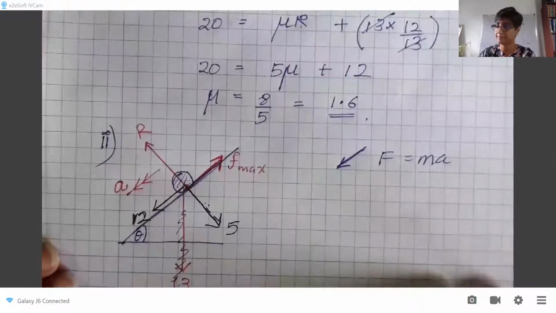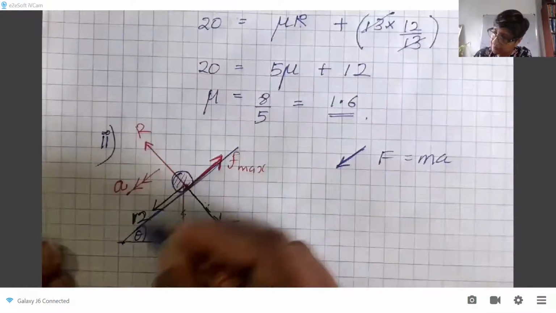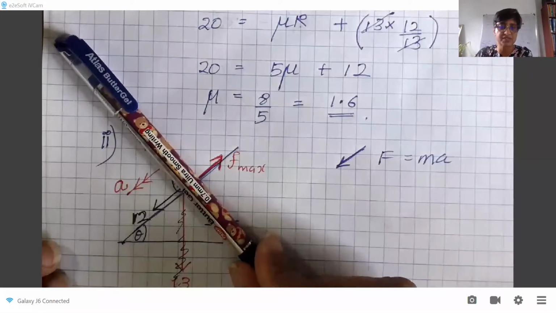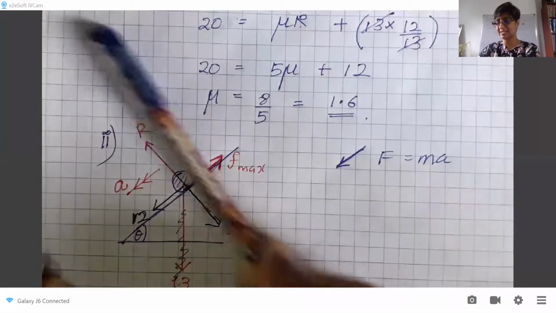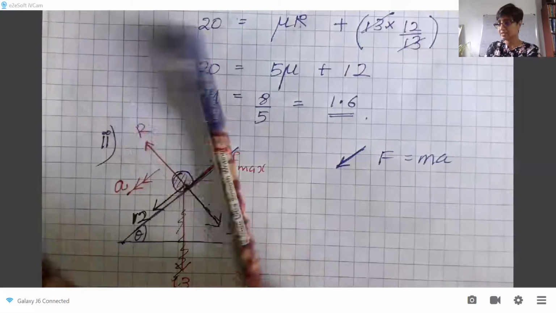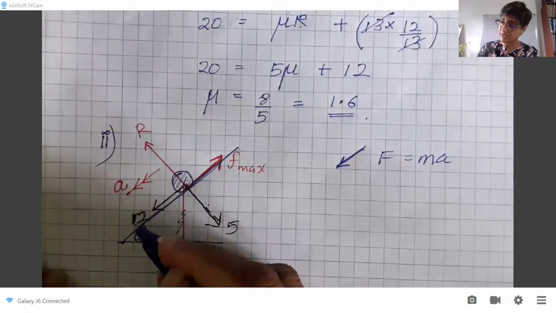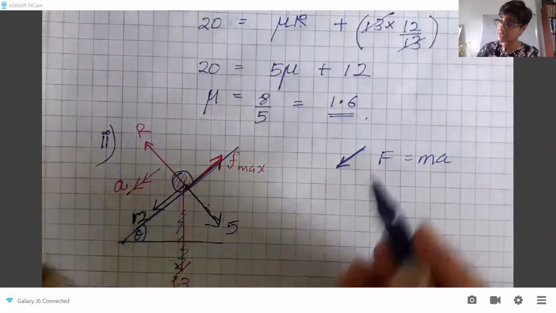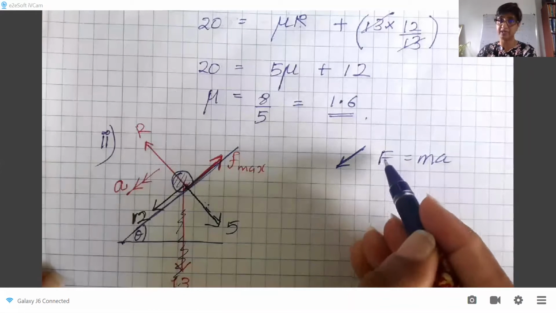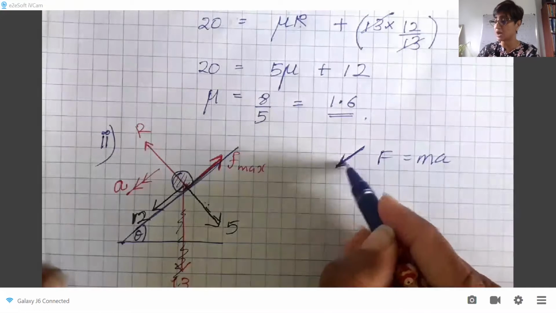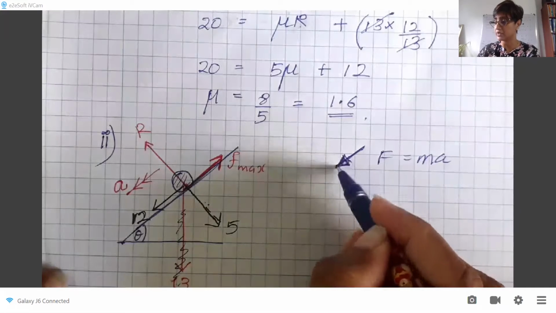For that, I don't need the vertical forces. They are balanced. This is still in vertical equilibrium. It is moving down the slope, which means 12 is greater. The capital F in F equals ma is the resultant force in the direction in which you are applying your equation.